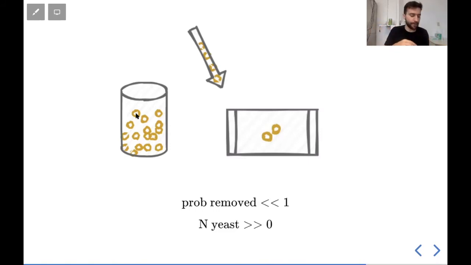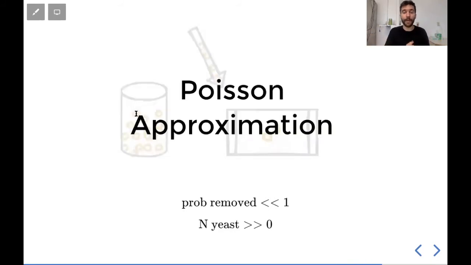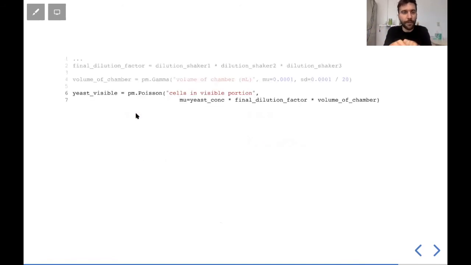But because we have these 2 facts, we can use the Poisson approximation, which states that you can approximate a binomial with a Poisson if these 2 inequalities hold true. Okay, so going back to the PyMC code, the number of yeast on my plate that I can see is going to look like this, and the mu works out to be this quantity.